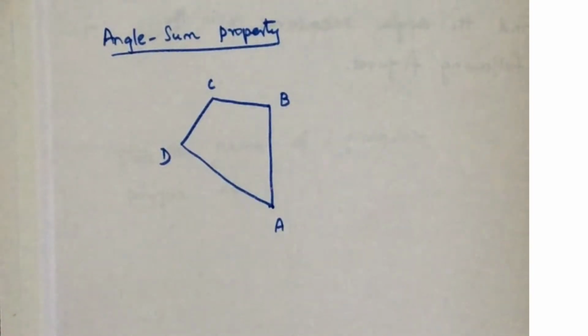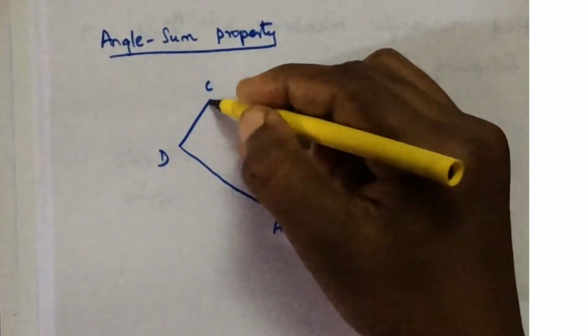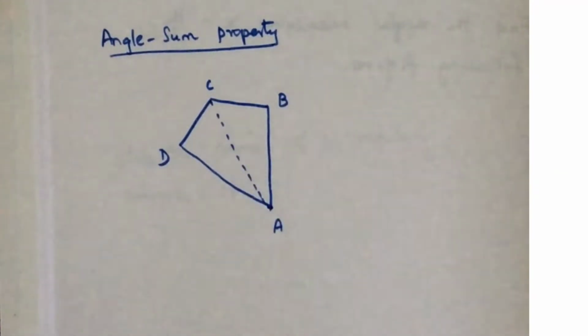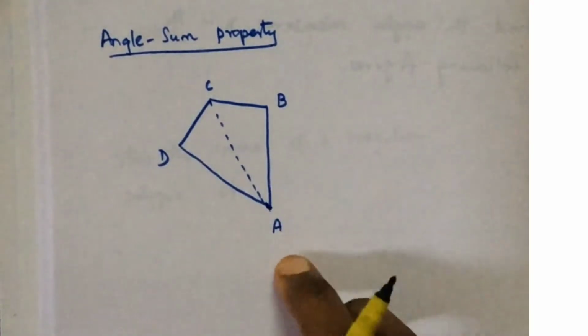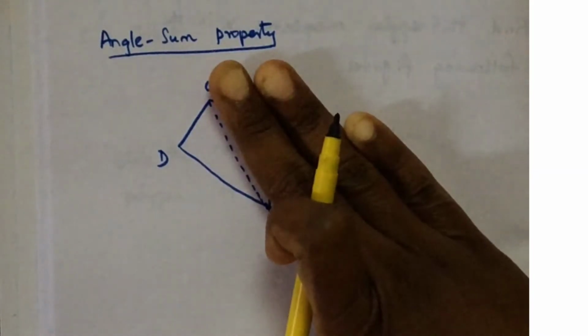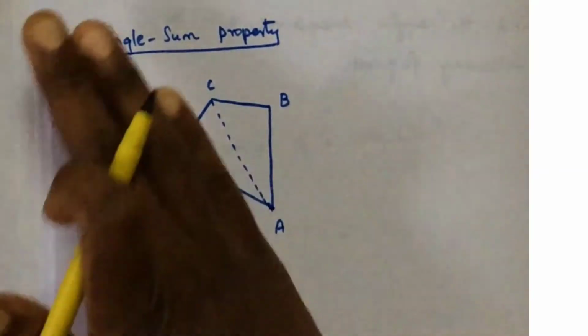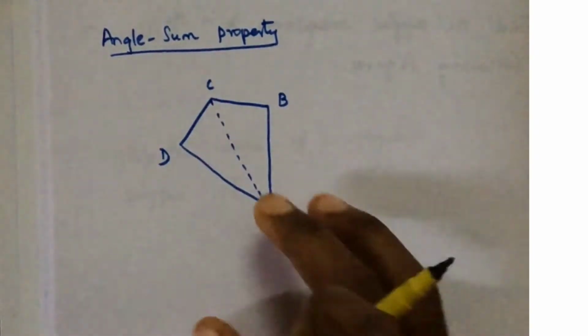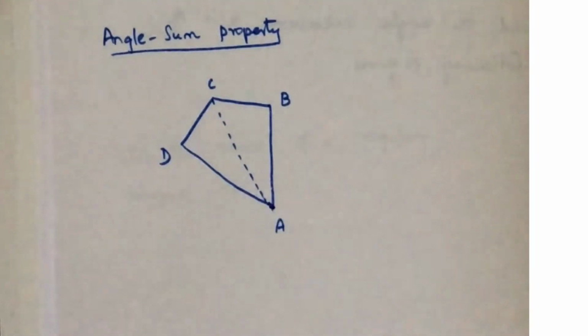Now what I am going to do is draw a line like this. If we draw a line, you can see here ACD is a triangle. Leaving this, you see ACD is a triangle. Similarly, if you leave this, ABC is a triangle. Now I have split this quadrilateral into two triangles.